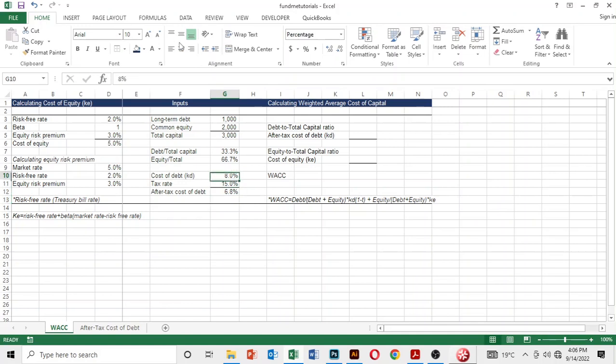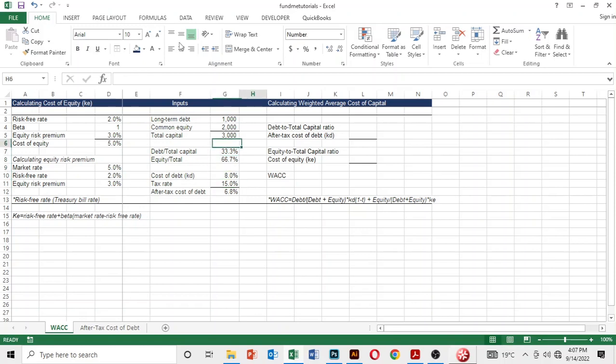So what's essentially happening here is, instead of the company being charged the 8%, because it's a company that is raising debt, it is now paying 6.8% on the debt. So it has got a tax saving of the difference between 8 minus 6.8%. That's the tax benefit. All right.